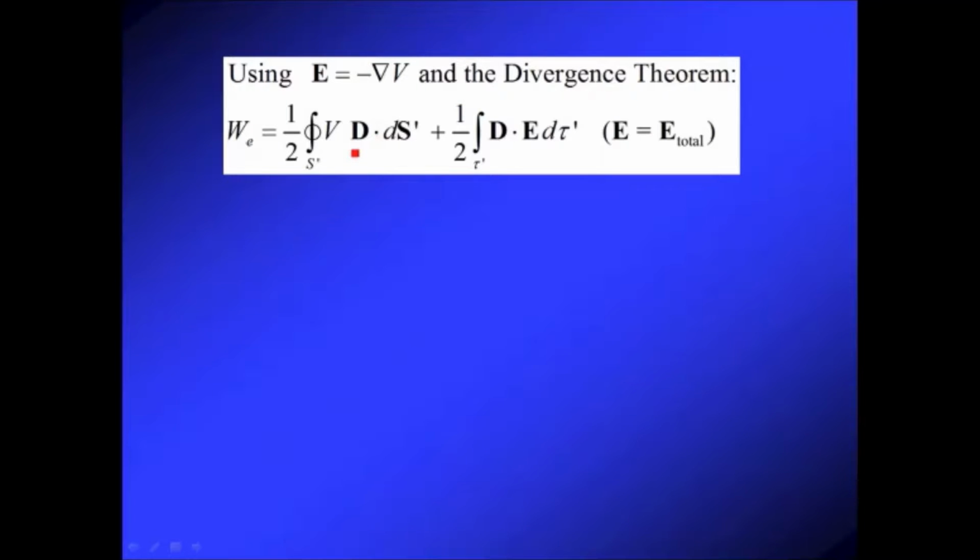We have here the surface integral of V D dot dS, where what we've done is we've converted the volume integral to a surface integral for this particular integrand. The other one is exactly the same that we had before. It's important to remember that this E is E total, so it includes the bound charge.